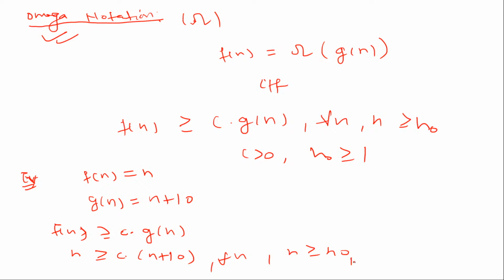We put the value of n naught as 10 and the value of c as 1/2, so it will prove the condition. This condition you can calculate. So hence n is omega of n + 10.